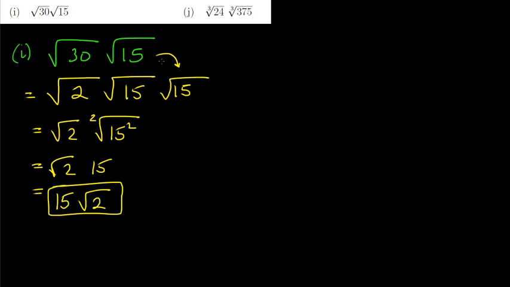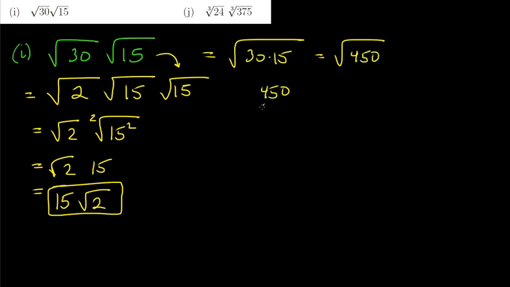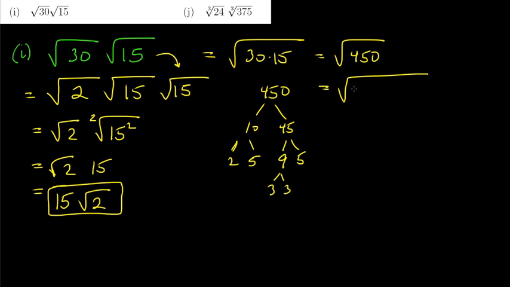You can also just multiply 30 times 15, right? Which I believe is 450. And then just simplify the square root of 450. But to do that, you have to make a much bigger tree here. You could do, I don't know, 10 times 45. 10 is 2 times 5, so we're done there. 45 is 9 times 5, and 9 is 3 times 3. So what you're going to end up with is the square root of 2 times 3 times 3 times 5 times 5.